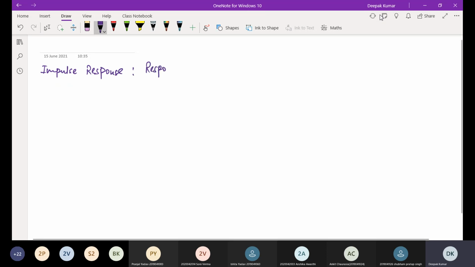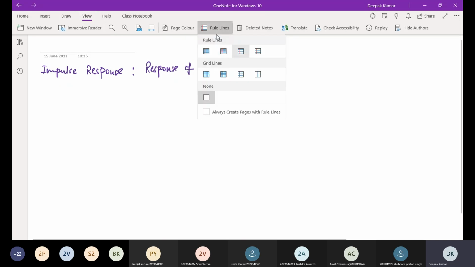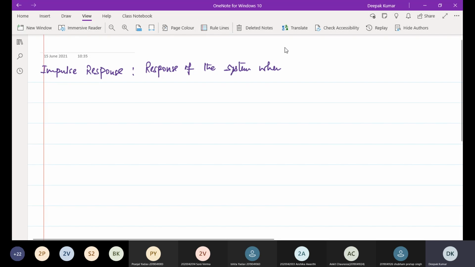Response of the system when an impulse input is applied.